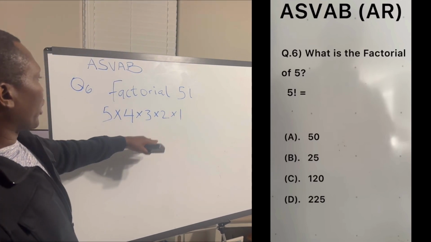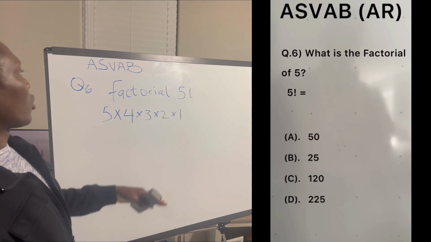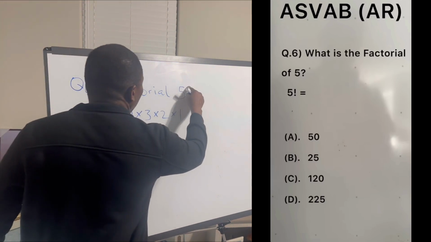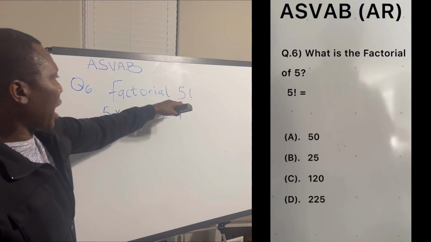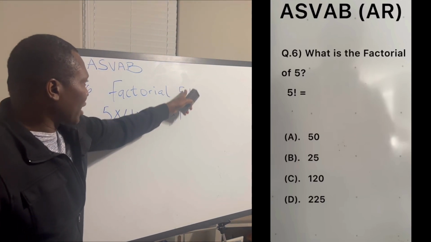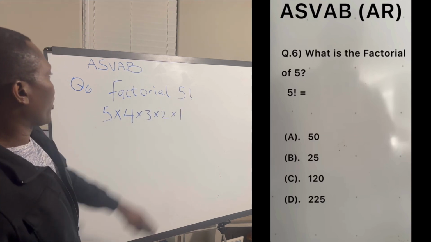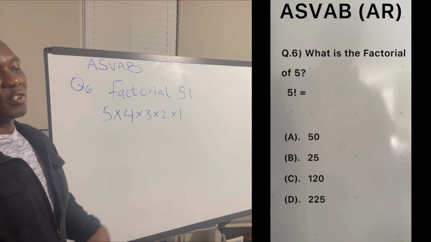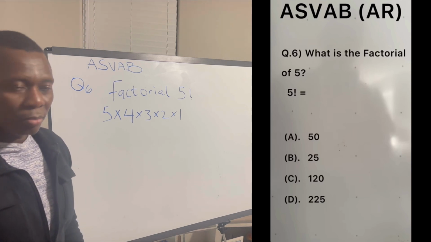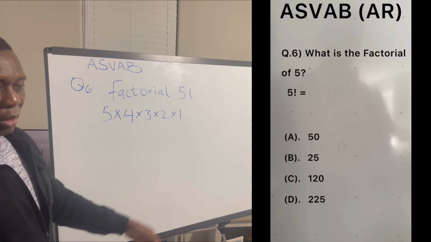That's the factorial of 5. Whichever way they write it, it's a factorial. If you see a sign like this at the back of a number, it means factorial. So, if it's factorial of 6, what do you do? 6 times 5 times 4 times 3 times 2 times 1, the same way.